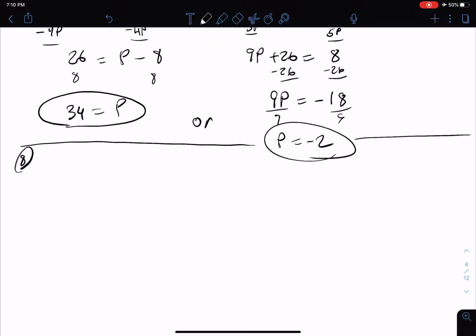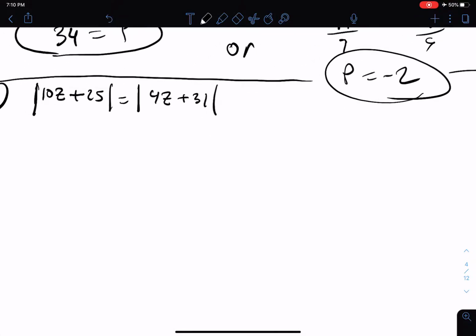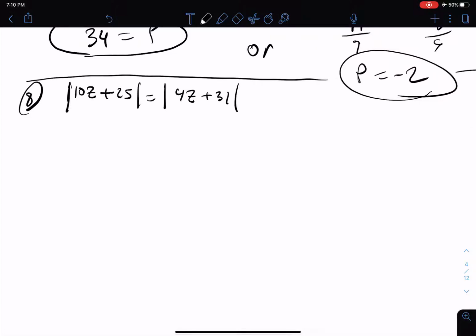8. And number 8 is a similar kind of problem where it says 10z plus 25 equals the absolute value of 4z plus 31. Maybe if I zoom in, I won't use so much space. So remember the positive case.